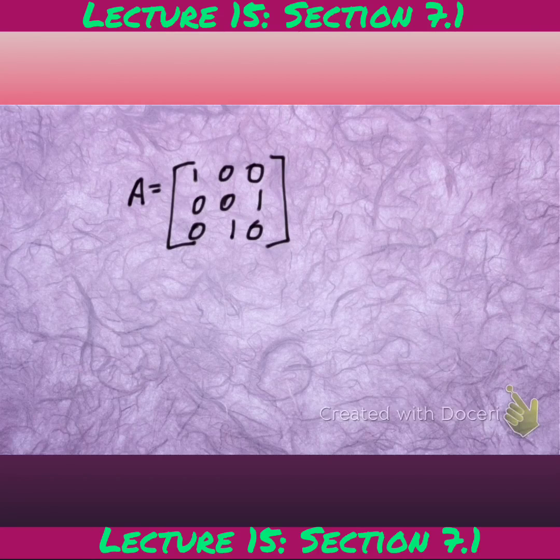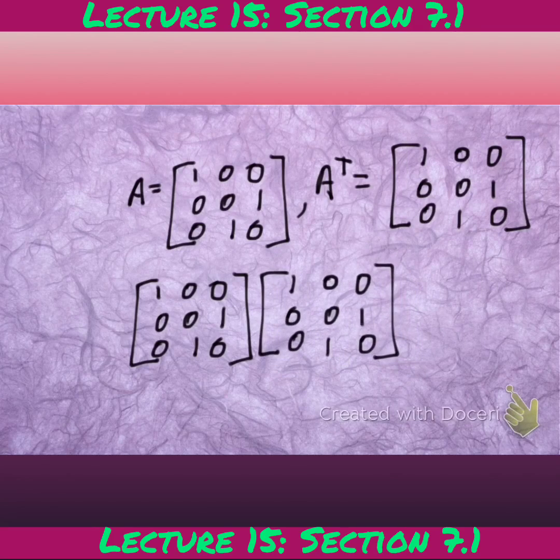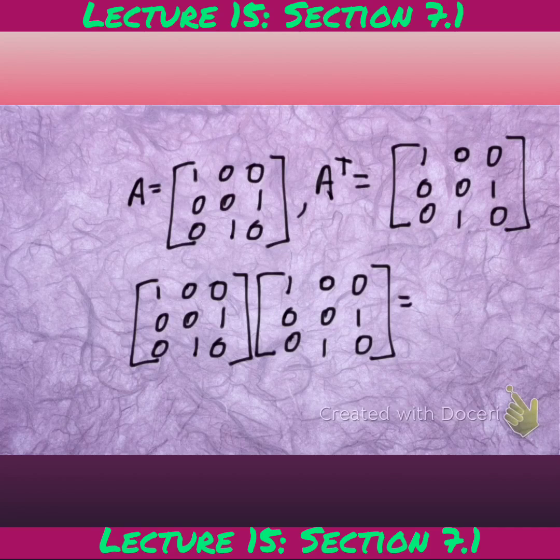So there's A, and if we look at its transpose, you take the matrix A and multiply it with its transpose, you should check what you get there. And multiplying out, we see we get the identity matrix.